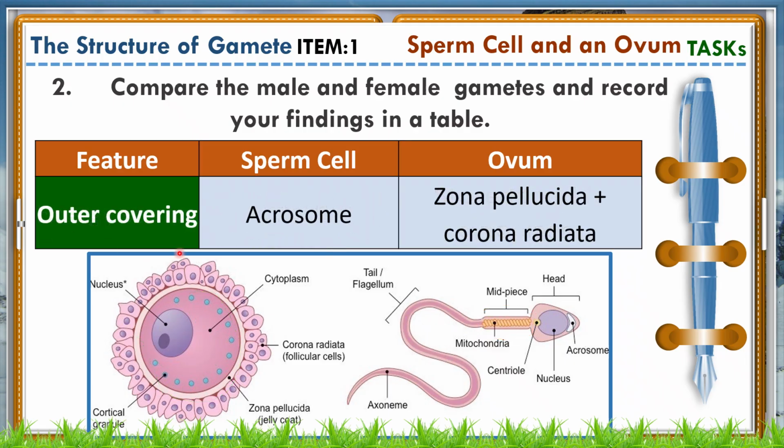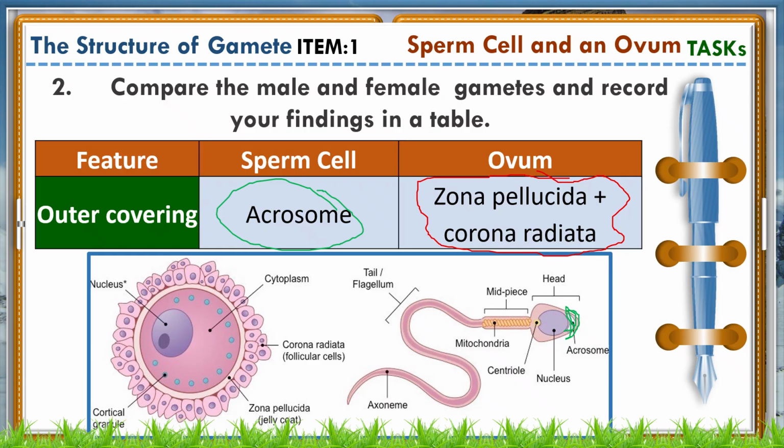Then the outer covering. The sperm has what we call the acrosome. The acrosome is this part here, the head of the sperm. It is the outer covering. Whereas the ovum has layers, the zona pellucida and corona radiata.